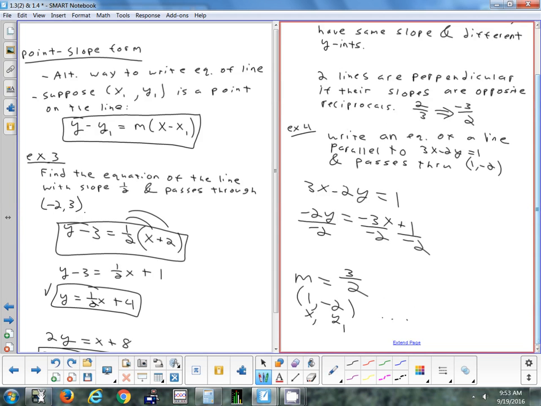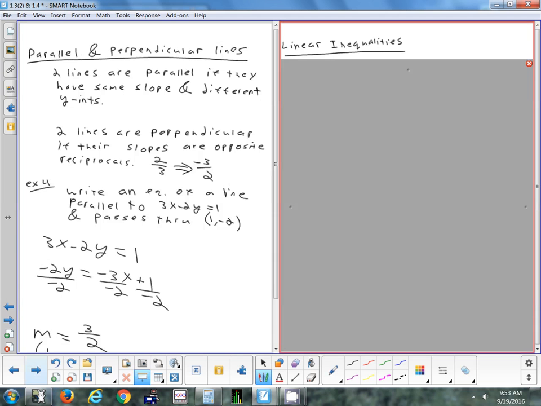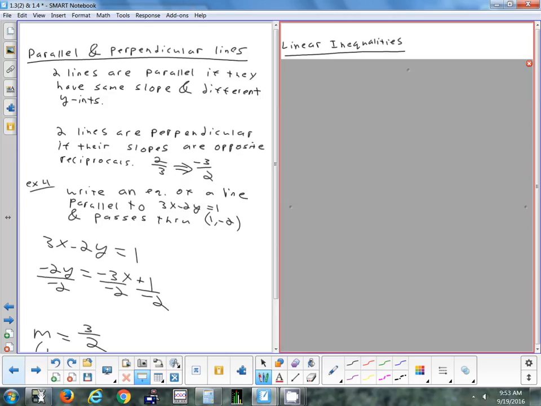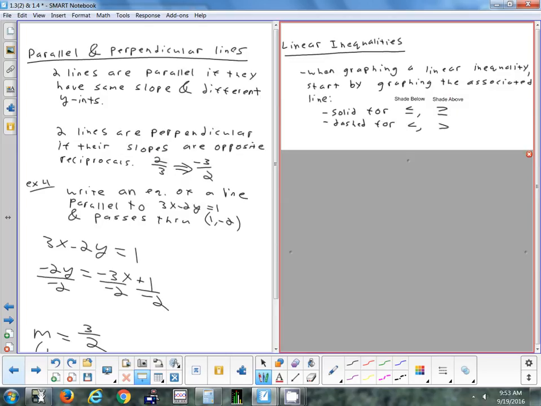I think the last thing we'll look at is how we shade something in on a graph. Yeah, that's our last problem. Okay, so when we're graphing a linear inequality, the only difference between graphing a linear inequality and graphing a line is that you have to shade either above or below.